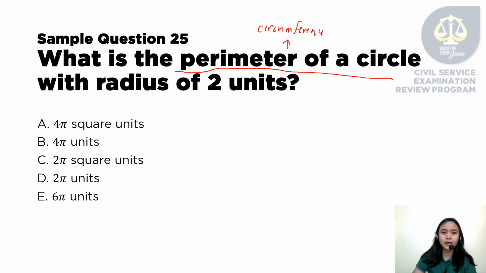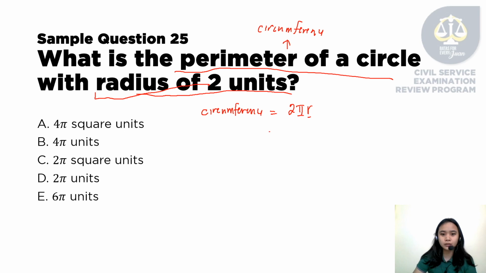And yung circumference ng circle natin ay may formula na 2 pi r, where yung r natin, yan yung radius, pi natin 3.14, and constant 2. So, given tayo ng radius, ano daw yung radius natin dun sa problem? Sabi niya, the perimeter of a circle with radius of 2 units.